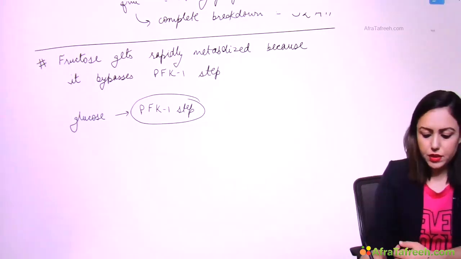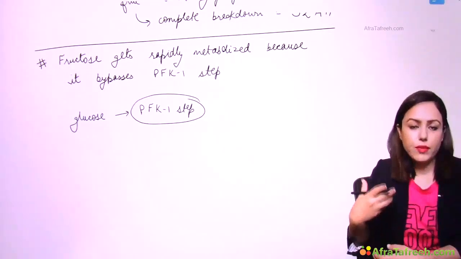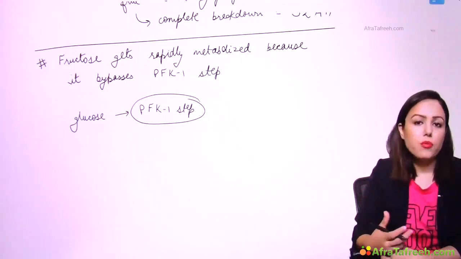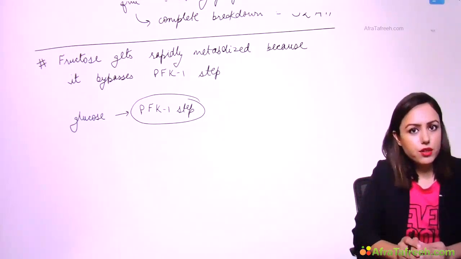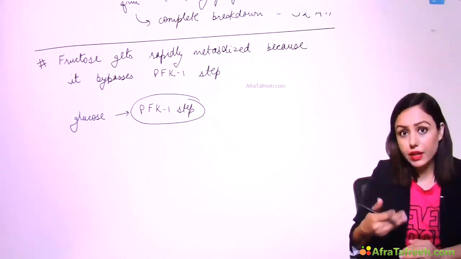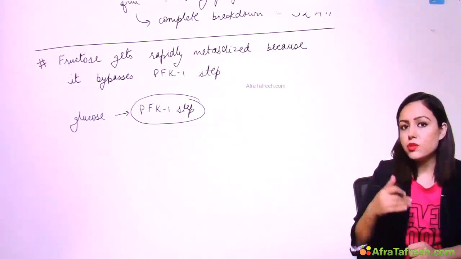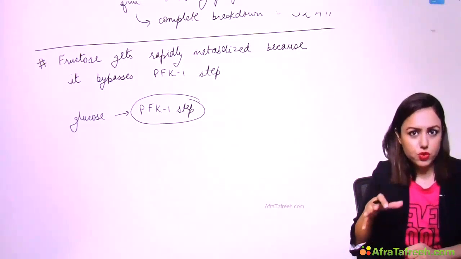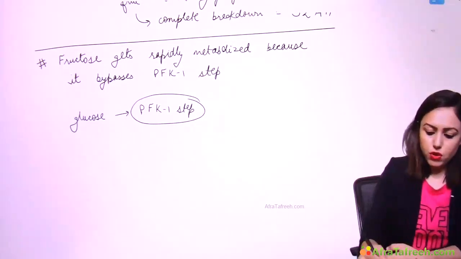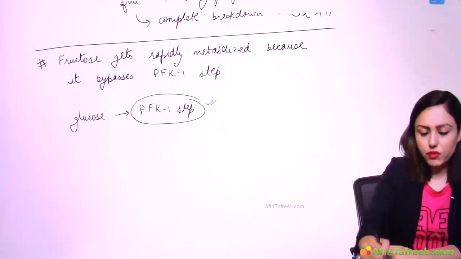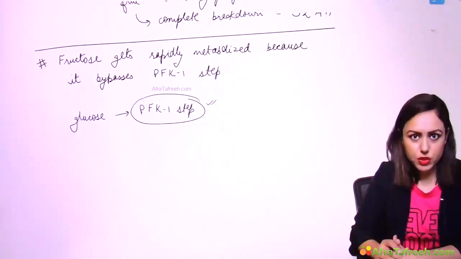Any rate limiting step is time consuming. It will take time to occur because it will wait for the activators to come, and when activators are present, only then can this step occur, or the inhibitors should leave, only then this step should occur, right? So for glucose metabolism, the PFK1 step is required, which is time consuming.